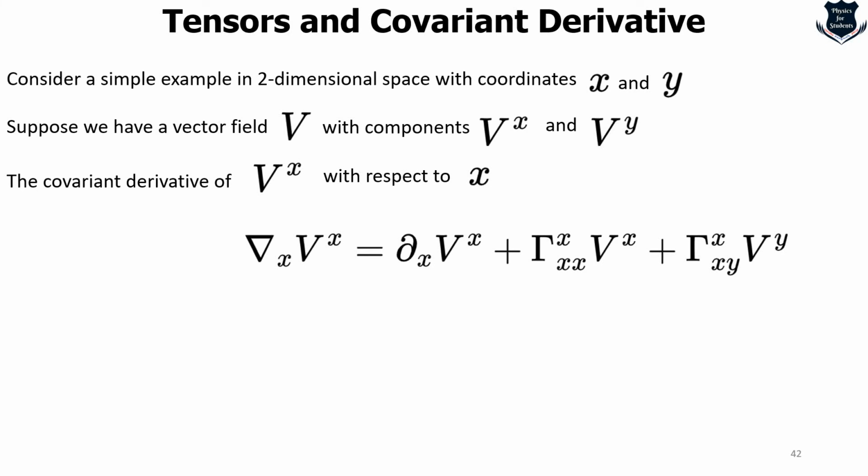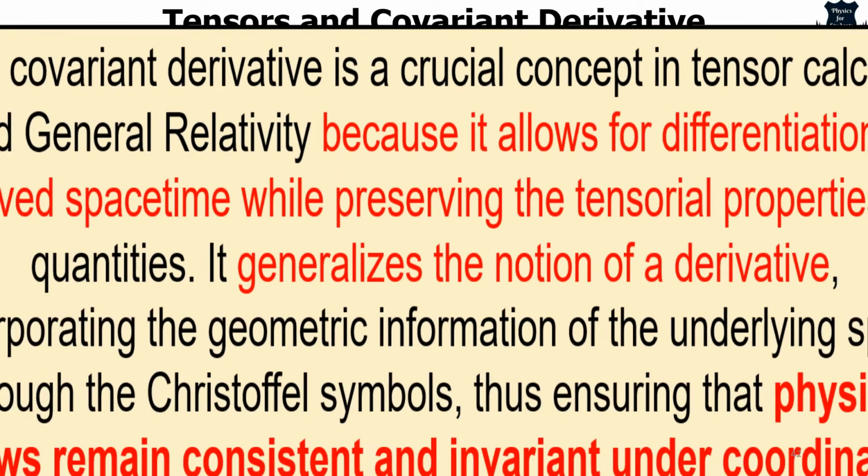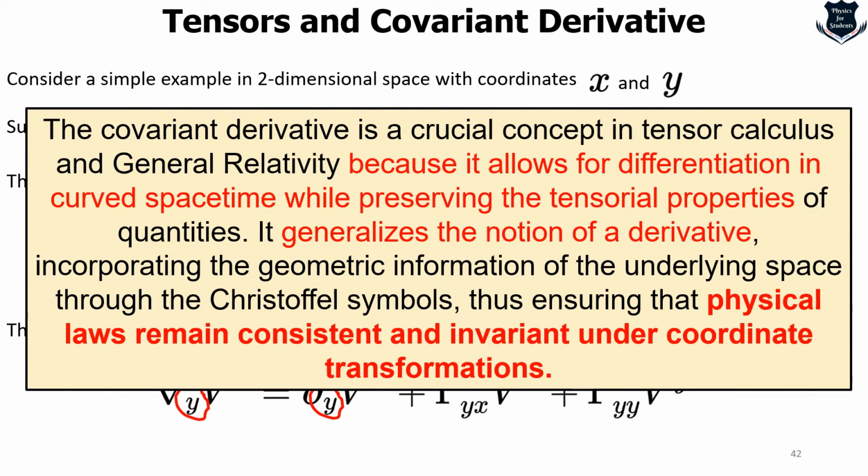Then the covariant derivative of vx with respect to x would be simply this, and the covariant derivative of vx with respect to y would be this. And you can see these indices, lower and upper, appear around here also. And this is how the Christoffel symbols behave. So don't worry if you don't understand, this is a little bit technical, I will take time. What we understand from this is that the covariant derivative is a very crucial concept in tensor calculus, because it allows for differentiation in curved space-time and preserves what is called the tensorial properties.